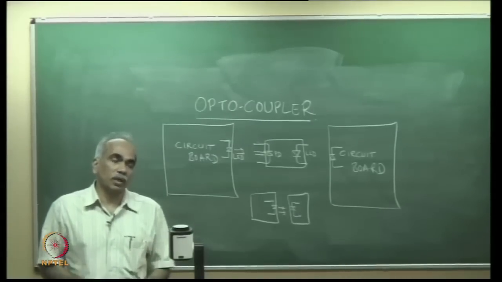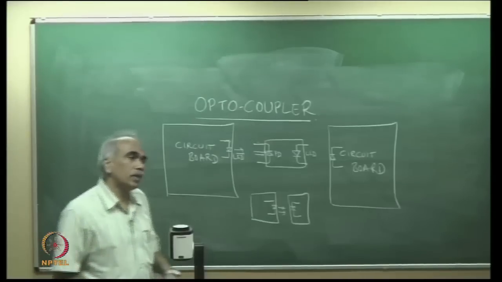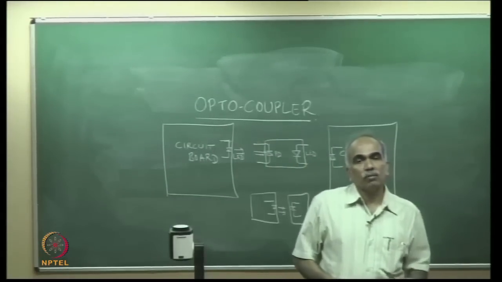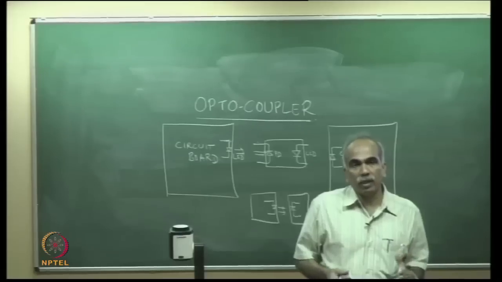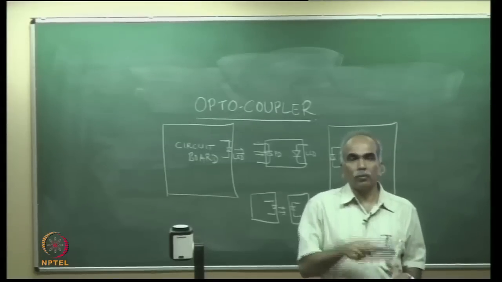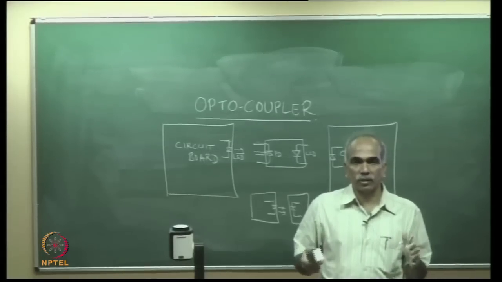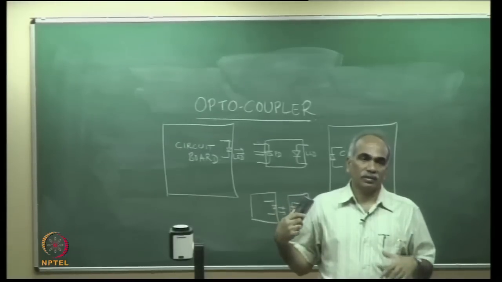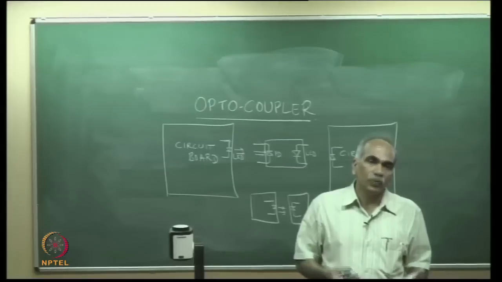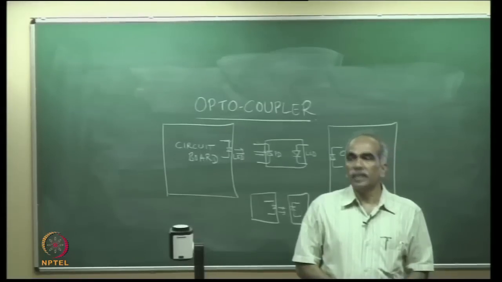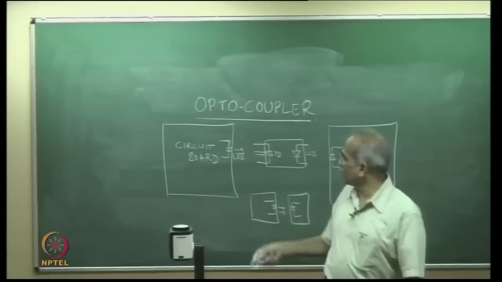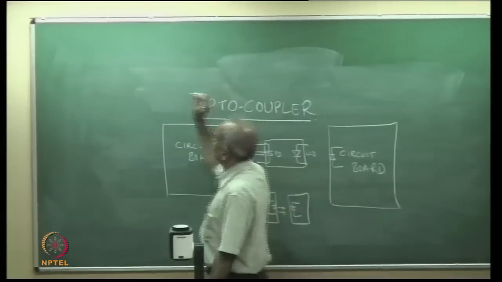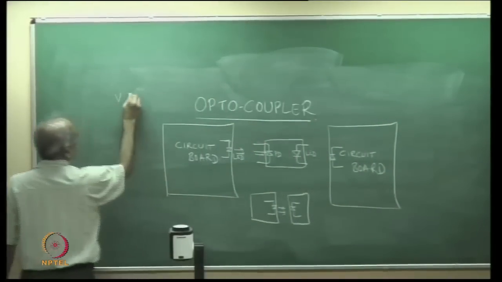When computers have to handle a very huge amount of data, and if data has to be communicated between two signal processing units, then the optocoupler is a very useful interface. But it is not in this simple form. Today, what are called VCSELs are used. We will discuss this later.